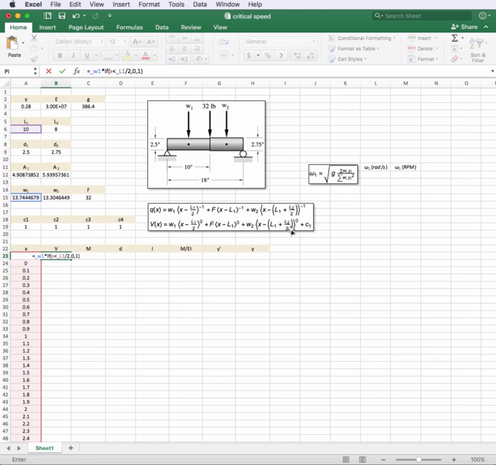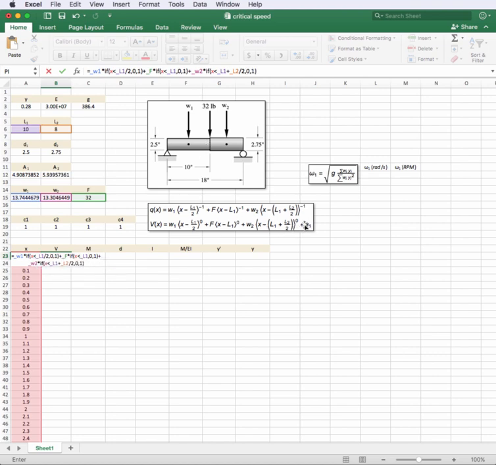So I got that first term, now I go plus F, and F is right here, times, and I got another if statement, if X is less than L1, which is just right here, then it's 0, otherwise it's 1, plus W2, which is right here, times if X is less than L1 plus L2 over 2, so this is L1 plus L2 divided by 2, then it's 0, otherwise it's 1, like that.